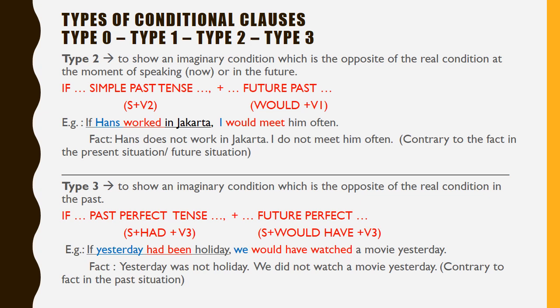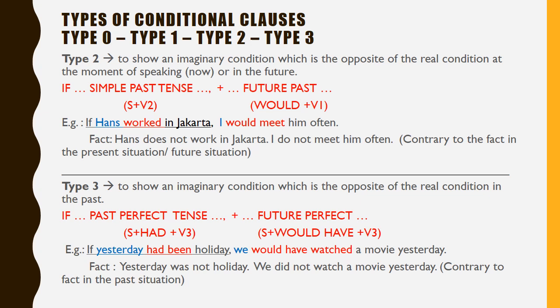For example, if Hans worked in Jakarta, I would meet him often. The fact is, Hans does not work in Jakarta. I do not meet him often. So it is contrary to the fact in the present or future situation.